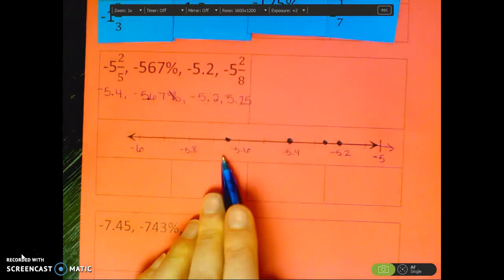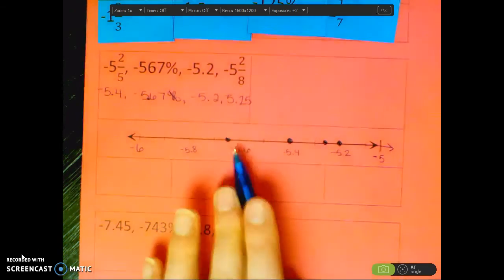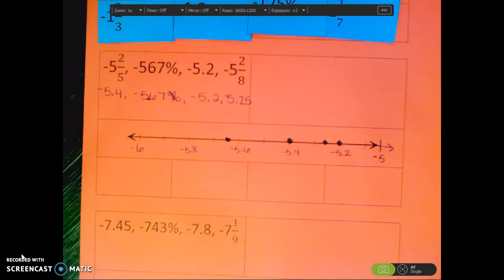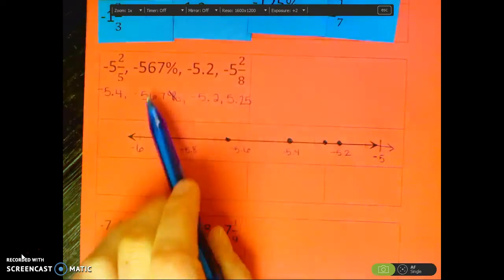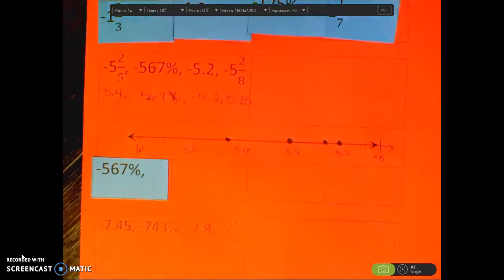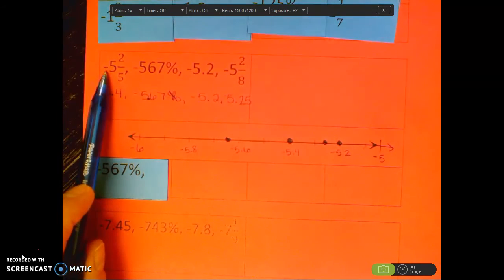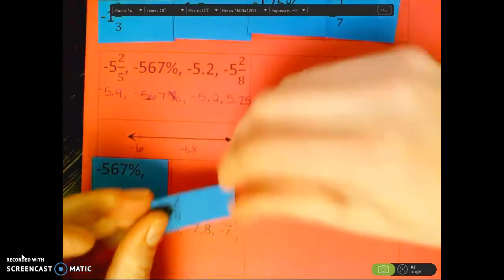So starting from left to right, I have negative 5.67, and in its original form that was negative 567%. So I am going to take that and glue that right here. Moving along my line, right here, negative 5.4, and in its original form, negative 5 2/5, sorry about that.